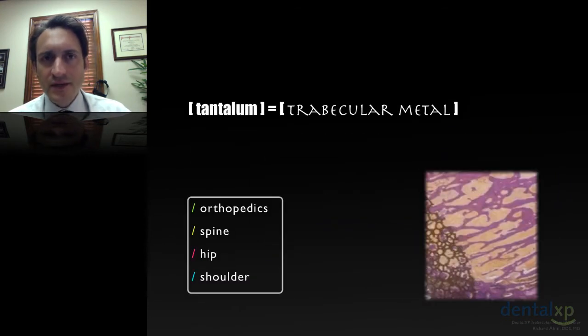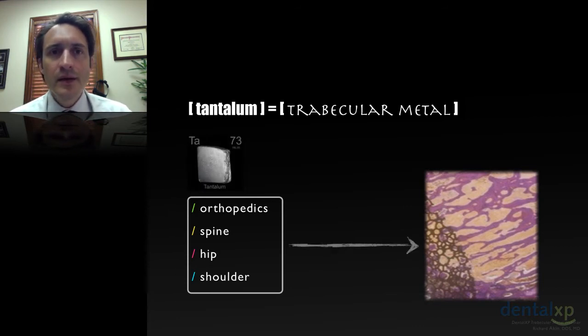And let's just look at this H&E slide of the trabecular metal implant in orthopedics. What you can see is tantalum here, and you can see bone growth into the cells of the tantalum. And this will go through and through the trabeculations.